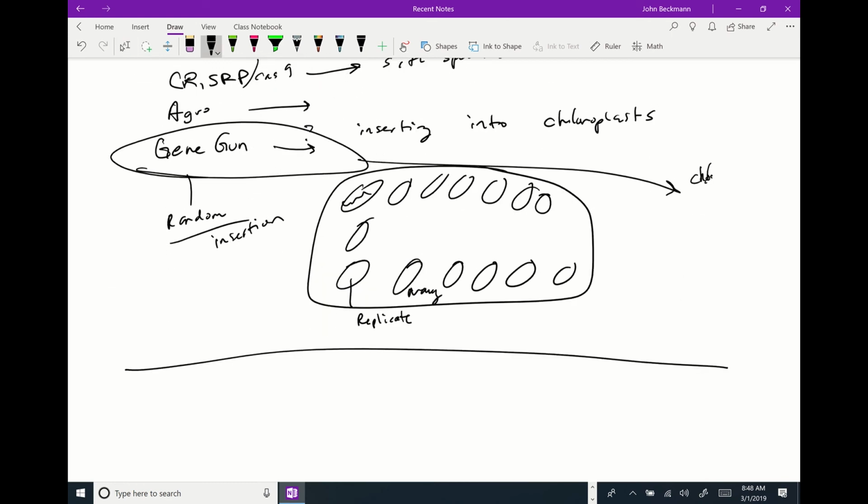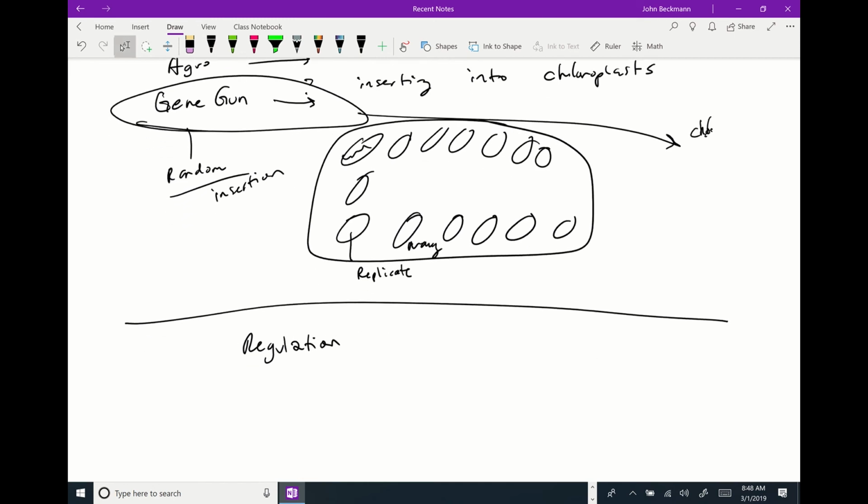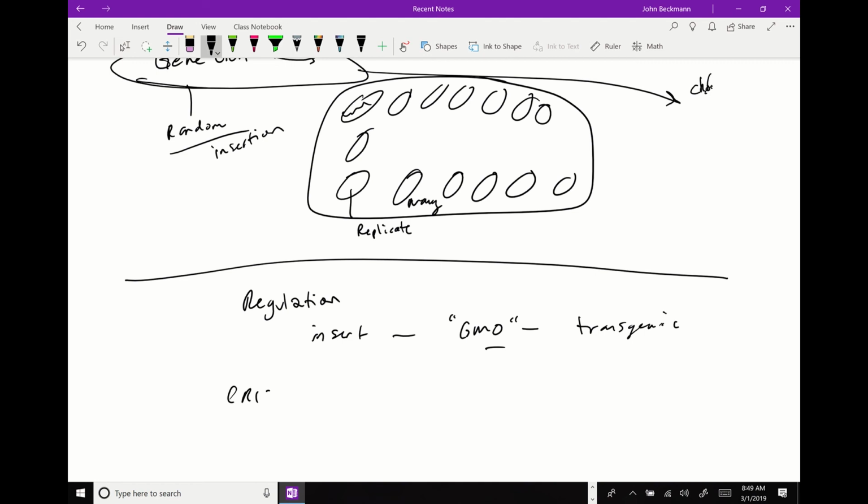Okay, so let's just finish with talking about regulation, because this is kind of funny. Regulation of how does the USDA or the government think about these different transgenic technologies? So if you insert any foreign DNA, that's a GMO. That is special regulation based on GMO. It's a transgenic. Okay? If you use CRISPR-Cas9 for a knockout, you're not adding anything new there.